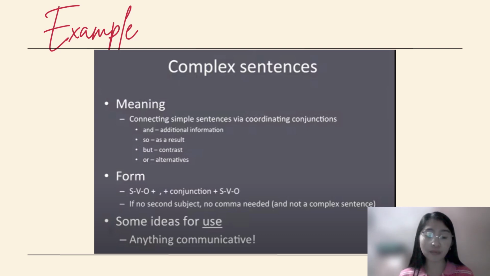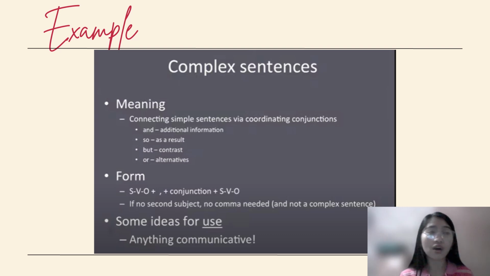A much better language prompt would be, write 5 sentences communicating your life experience about travel, and then right after that, you could add, use the present perfect tense.